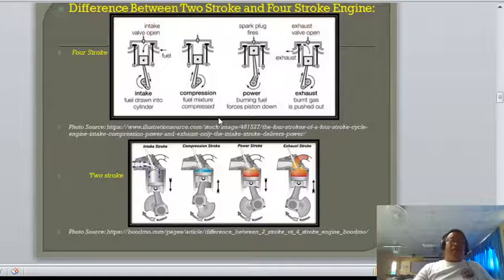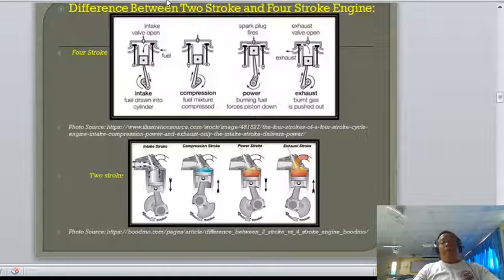Let us now consider the difference between the two-stroke and the four-stroke engine. We will notice that for a two-stroke engine, the cycle is completed in one revolution of the crank, or flywheel rather. Take note that the cycle is completed in one revolution only.